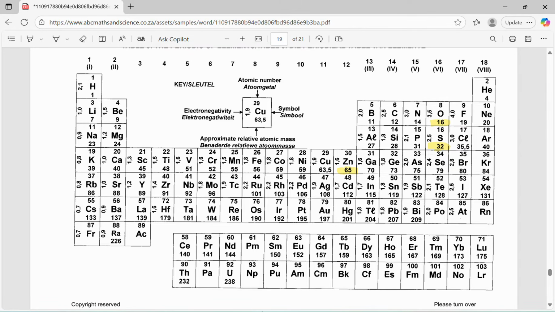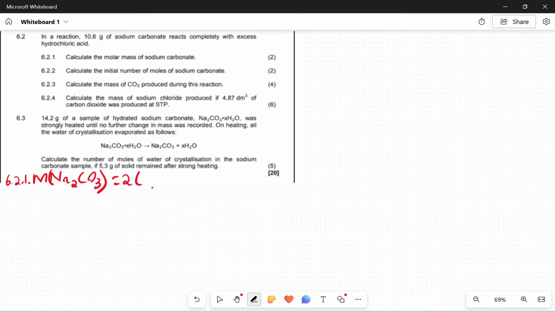It is 23. Okay, as you can see it's 23, so I'm just gonna put 23 there, plus how many carbons do I have? 1. On the periodic table I'm gonna have 12, plus how many oxygens do I have? 3, multiplied by the molar mass of oxygen, which is 16.